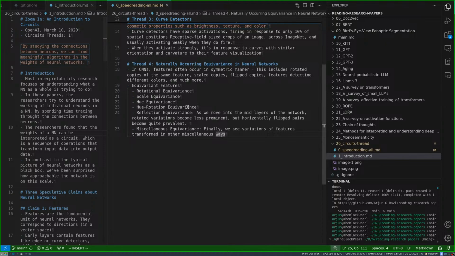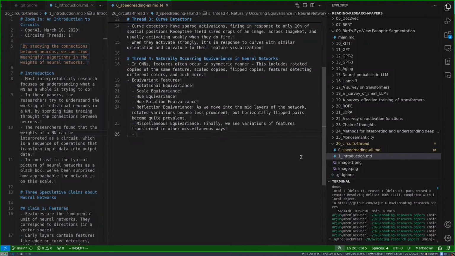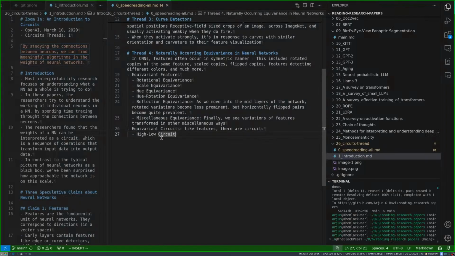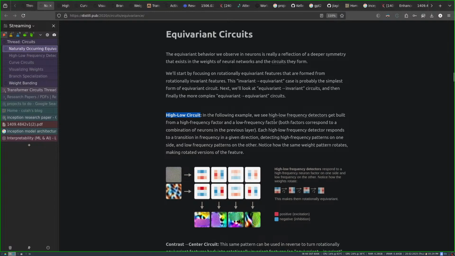Like features, there are circuits. High-low circuit.